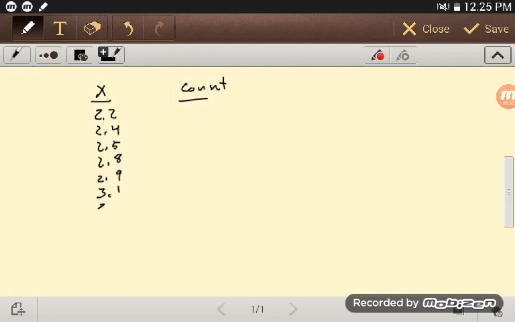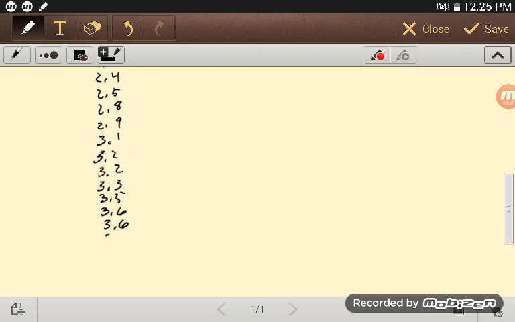Then 3.2, another 3.2, 3.3, 3.5, 3.6, 3.6, 3.6.